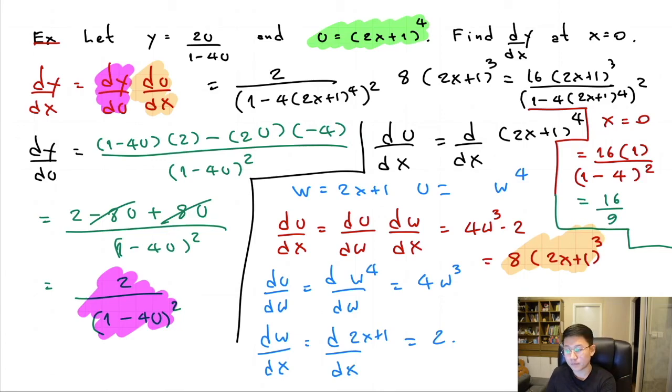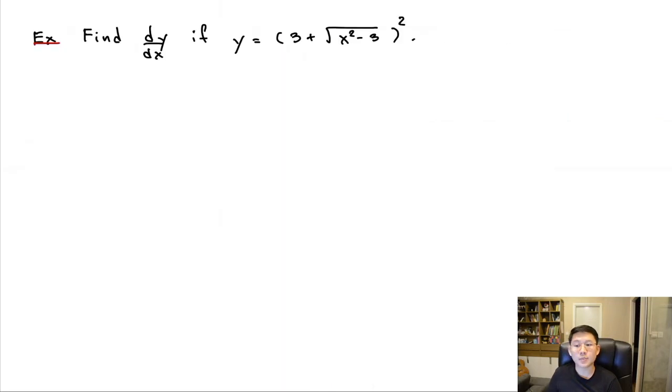Make sense? And again, this is the last example on chain rule. As you can see, you probably aren't able to differentiate this whole function.